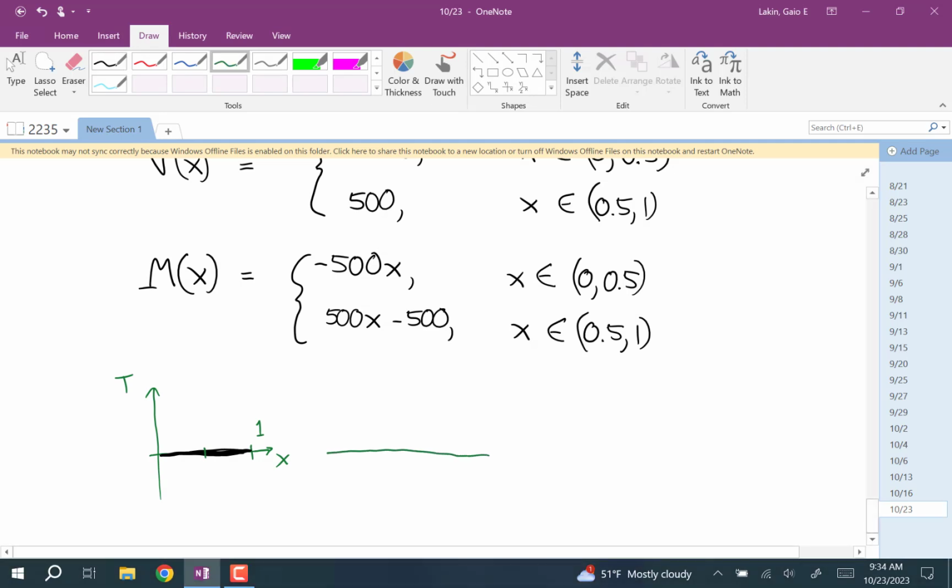The shear force, so here's 0.5, here's 1. There's negative 500, positive 500, and it looks like this.